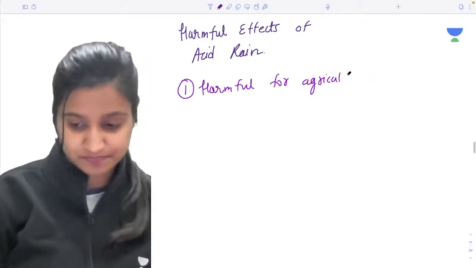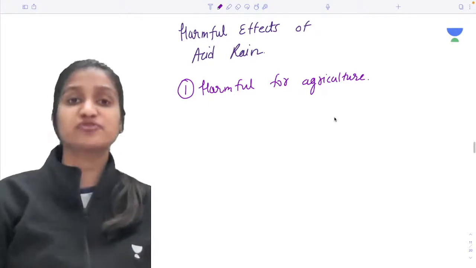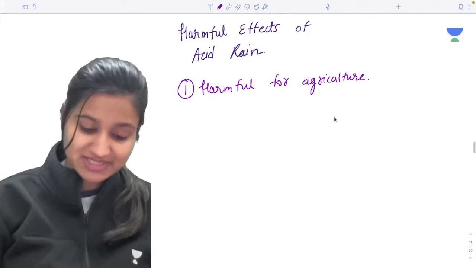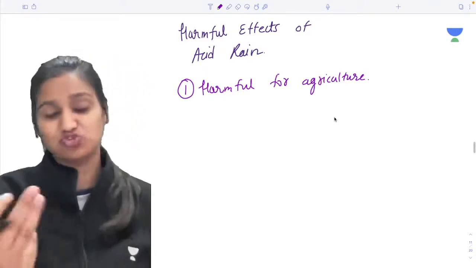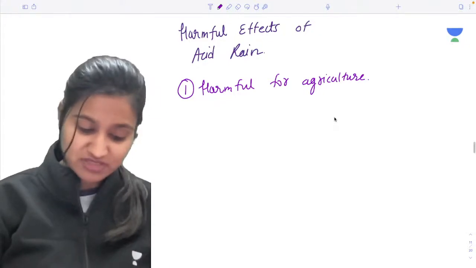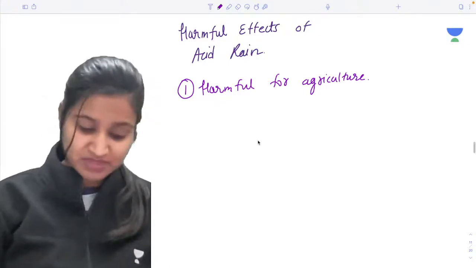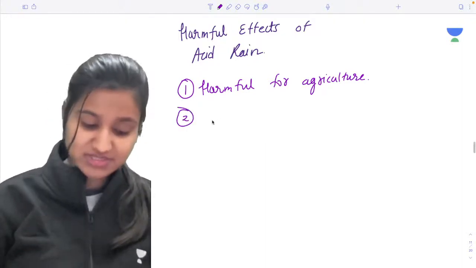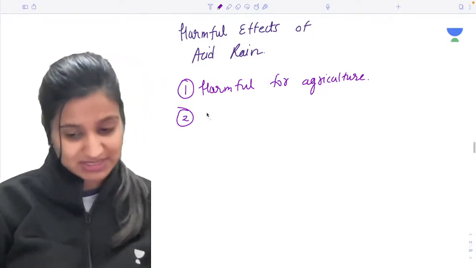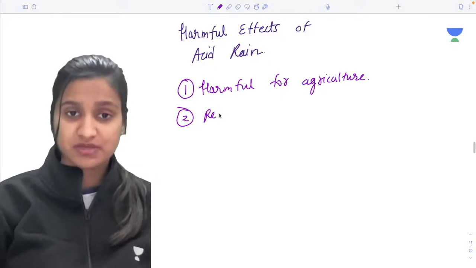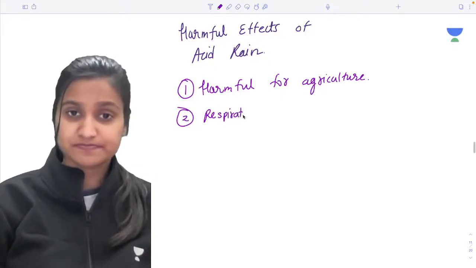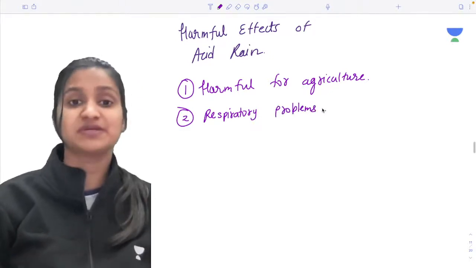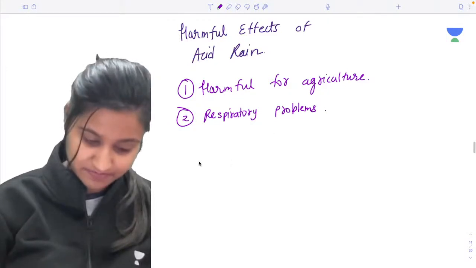It can cause a lot of damage to farming, and trees and plants lose the nutrients needed for their growth. Number two, if we consume that water, it can cause respiratory problems.